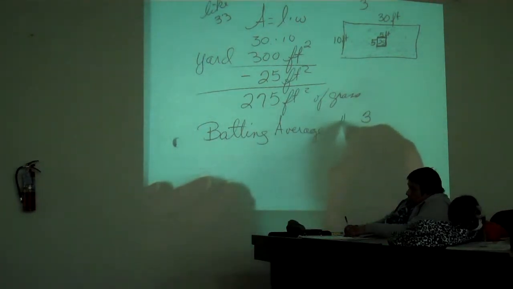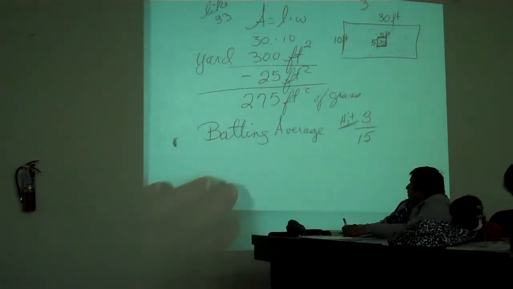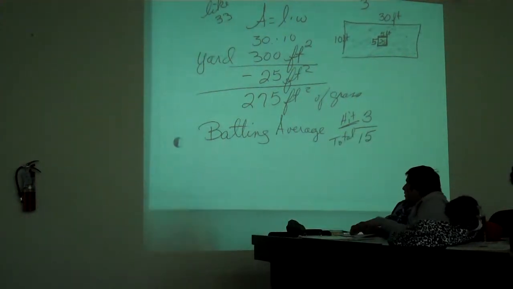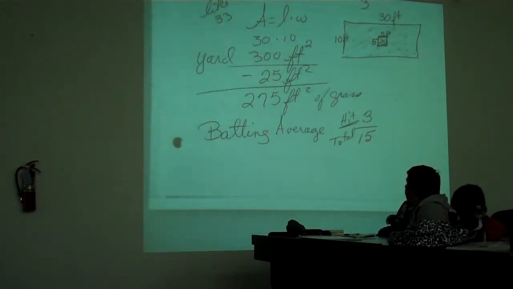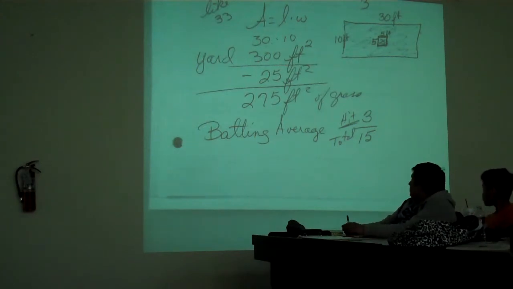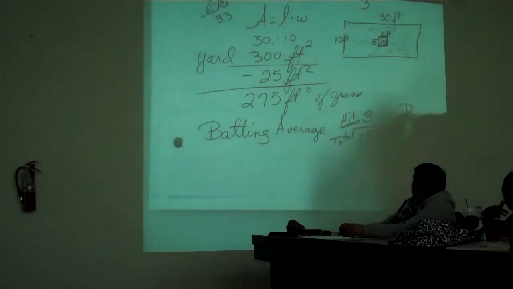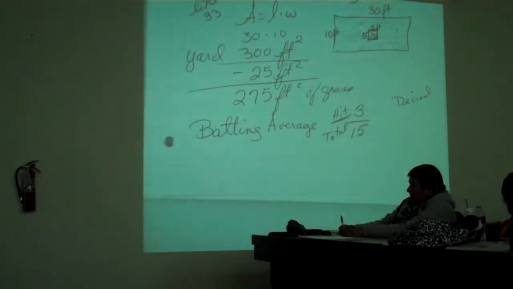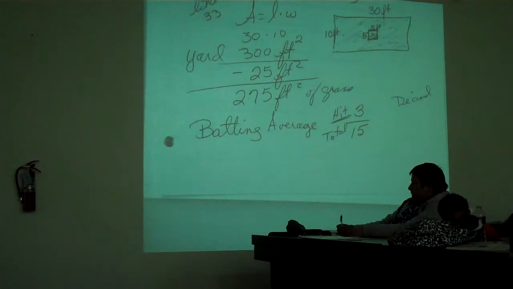This is your hits, the number of times you hit the ball, over the total times you were at bat. Okay, don't leave it as a fraction, simplified or anything. A batting average will be as a decimal. Okay, so do the top divided by the bottom to get your batting average.